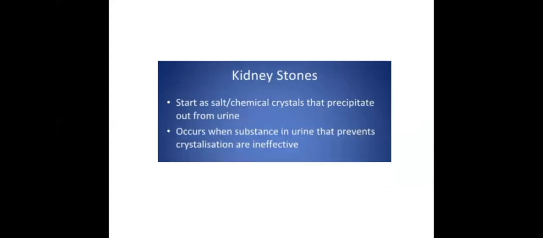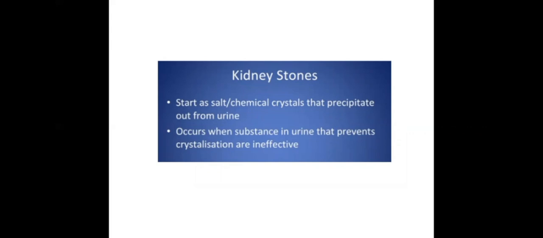Then another disease of the kidney is kidney stones. They start as salt or chemical crystals that precipitate out from urine, and this occurs when substances in urine that prevent crystallization are ineffective, and the salts and other substances accumulate and form a stone-like appearance.